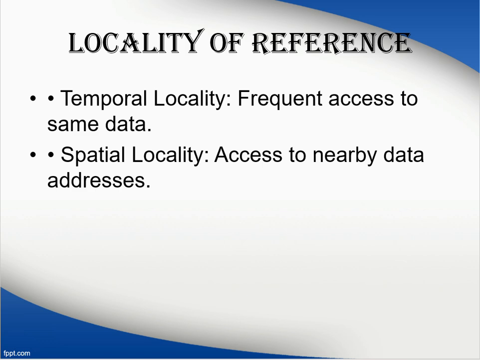Cache memory takes advantage of these situations to create a pattern of memory access that it can rely upon. There are several types of localities as we can see on the screen, but the two key ones for cache are the temporal locality and the spatial locality.